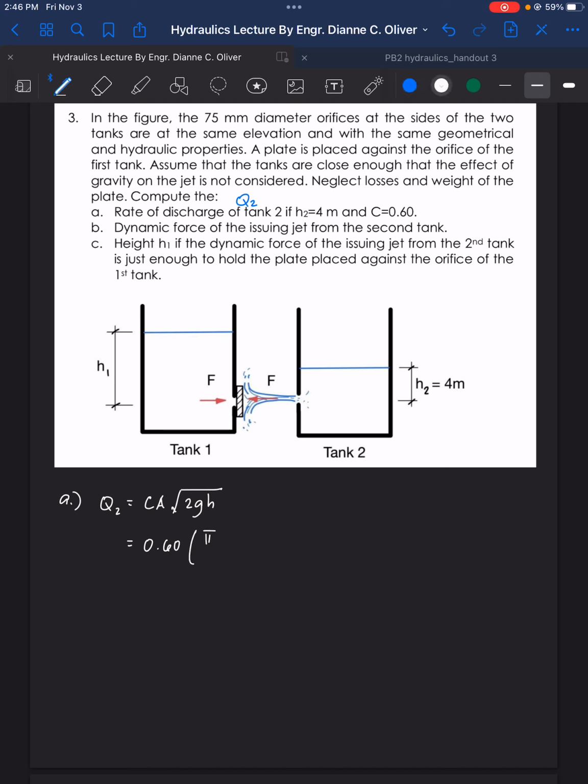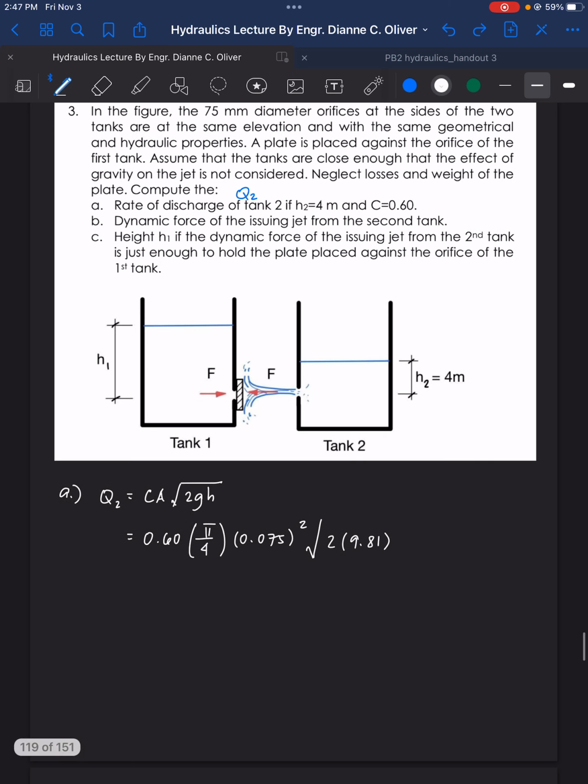So that is pi over 4, diameter 0.075 squared, and square root of twice the gravitational acceleration, and the h here is the height of water from the water level up to the orifice. So that is 4.